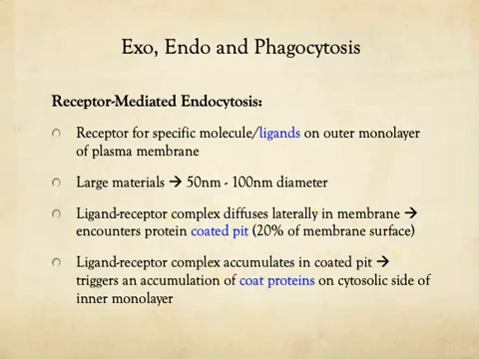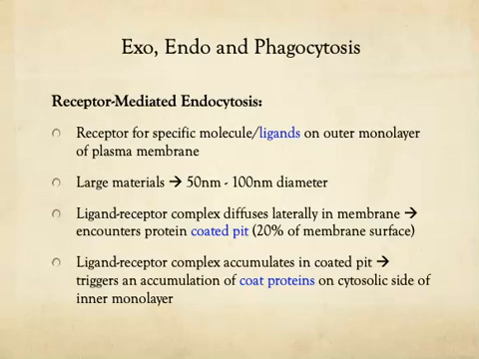About 20% of a membrane's surface is full of these coated pits. Now, the reason we call them coated is because they are full of what are called coat proteins. The ligand receptor complex is going to just laterally slide around through the membrane until it hits one of these pits, and then it's going to stop.